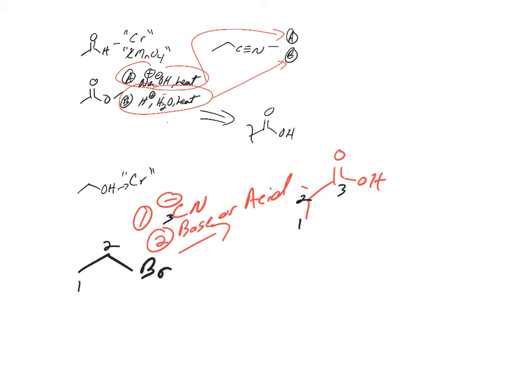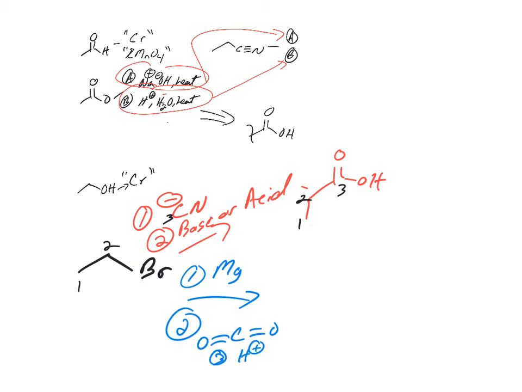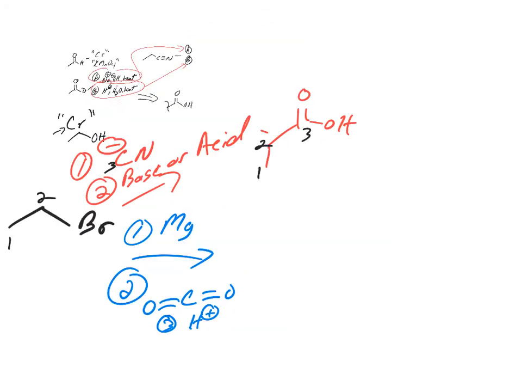The other way is step 1, magnesium, and then step 2, carbon dioxide. So this is using a Grignard route. And then there's step 3, you add in H+. Let's explore that. What's the first step going to be?